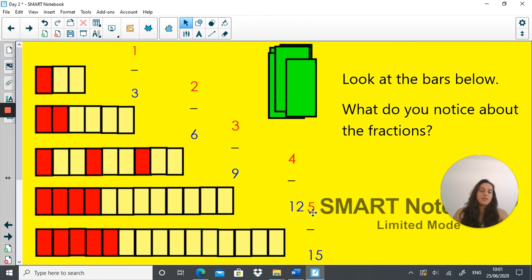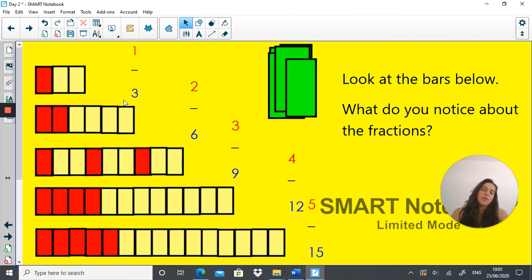You can't see that very well, but 5/15. Now, all of these fractions here are equivalent fractions to a third, okay? Because if this rectangle here was divided into 3 parts, this part here would be shaded in and it'd be the same as 1/3.